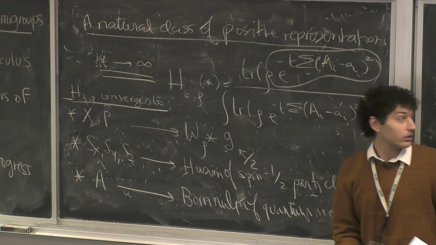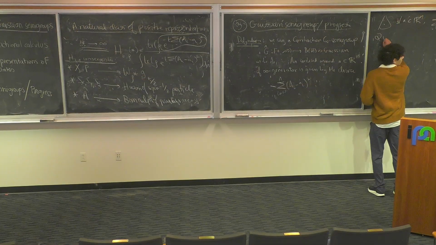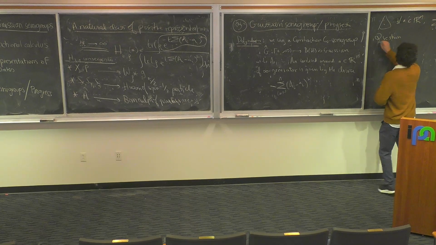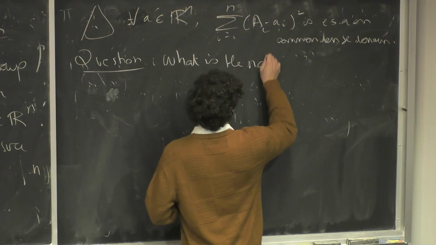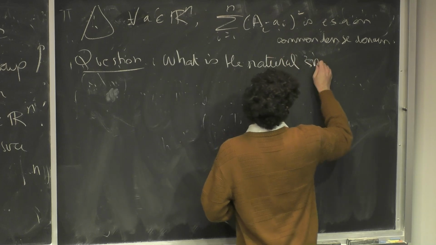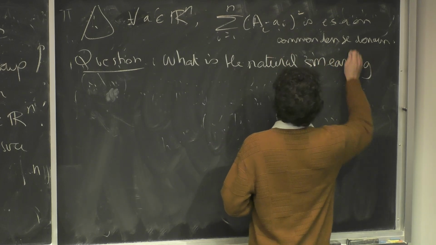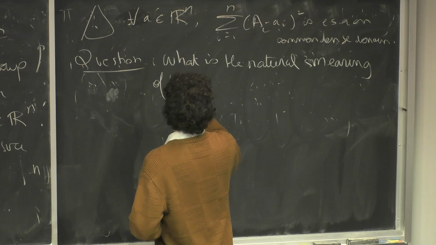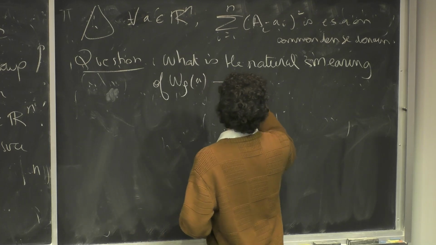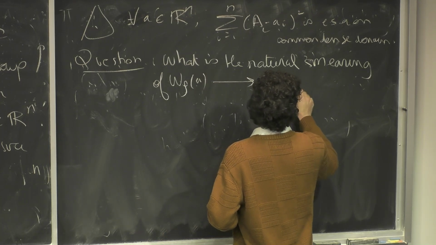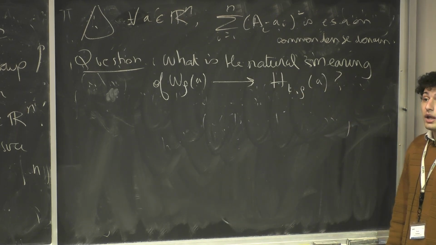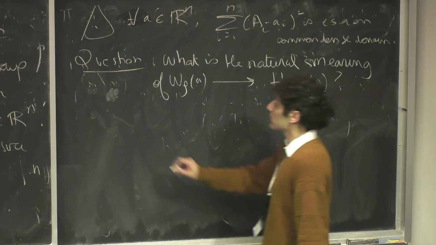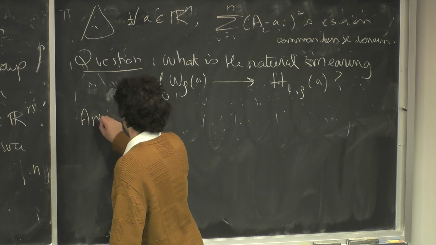So my question now is, what is the natural smearing of W rho so that I can get H t rho? And the answer is straightforward, right?